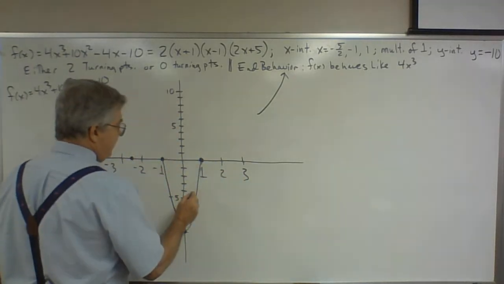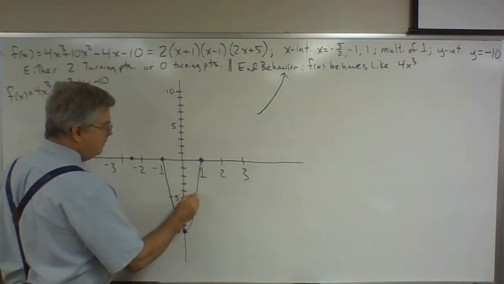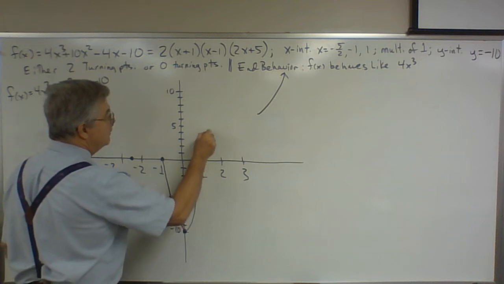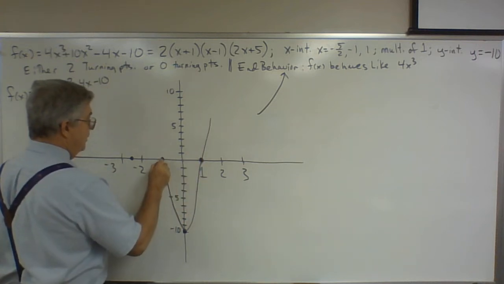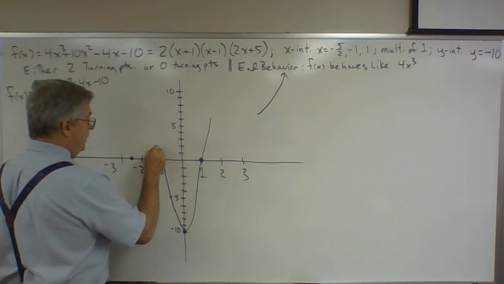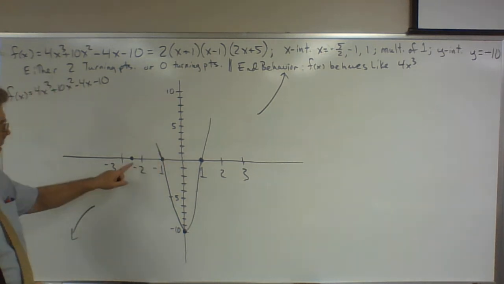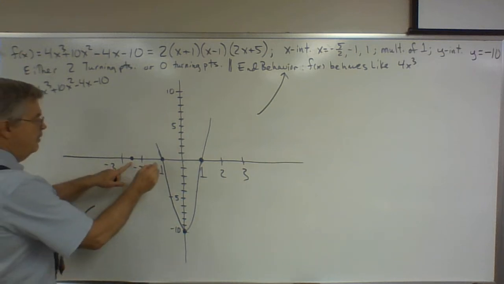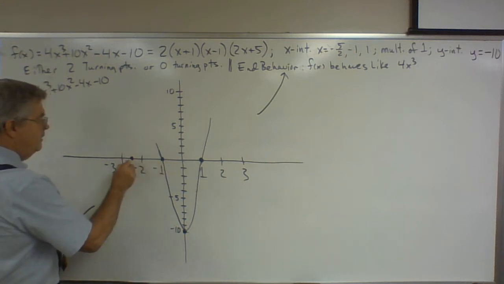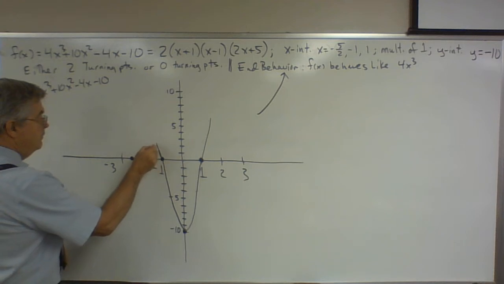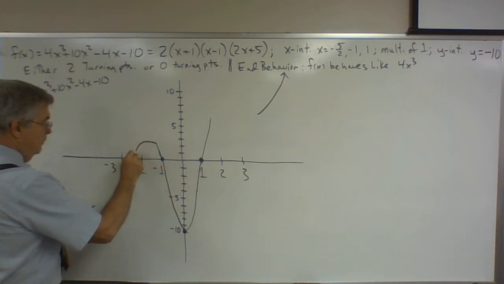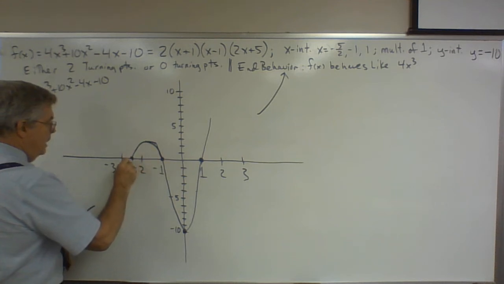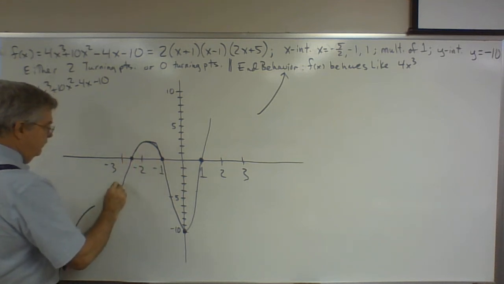So not only does the graph touch the x-axis here, but it has to keep on going like this. And over here, the graph has to go through this point. So between here and here, the graph has to turn around and go through the x-axis.